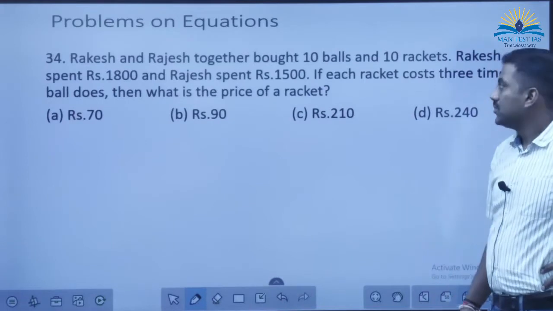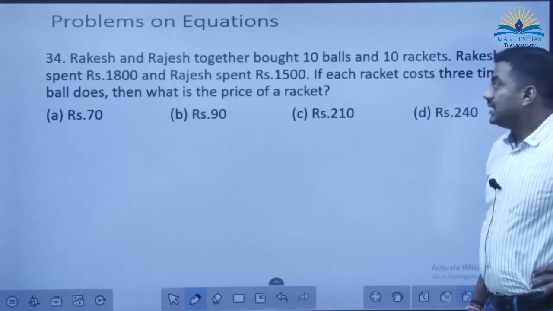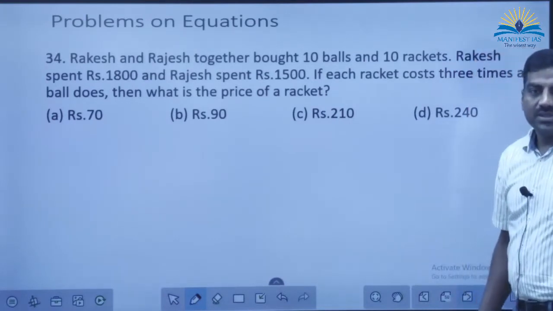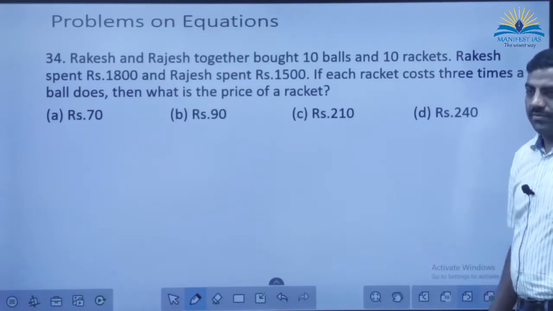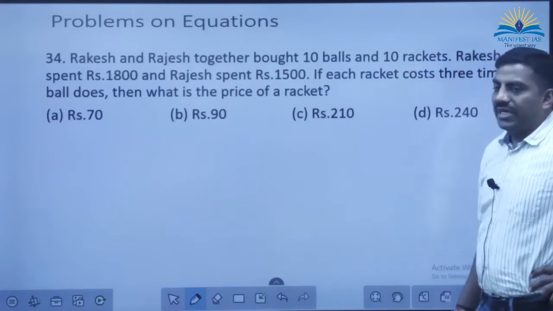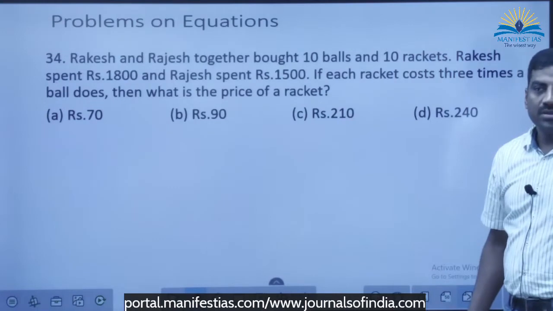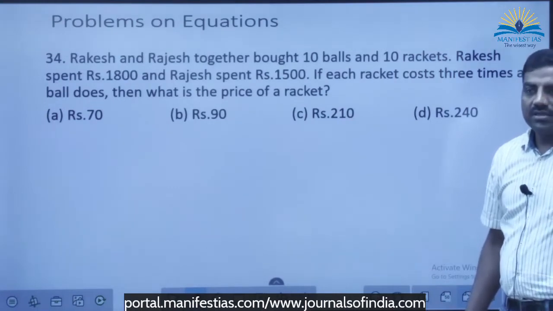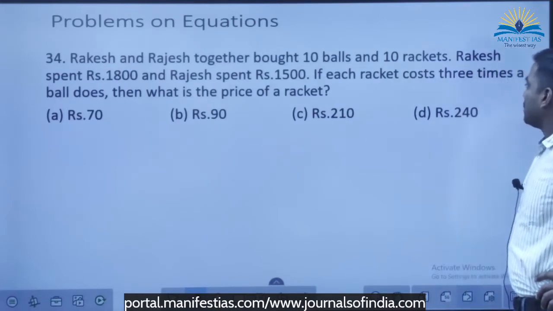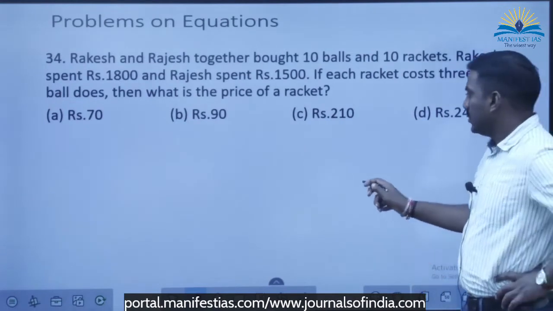For this, I will directly write the equation. Rajesh and Rakesh together bought 10 balls and 10 rackets. 10 balls and 10 rackets together. Rakesh spent 1,800 and Rajesh spent 1,500. So totally how much did they spend? 3,300. If each racket costs 3 times what a ball does, write the first equation.